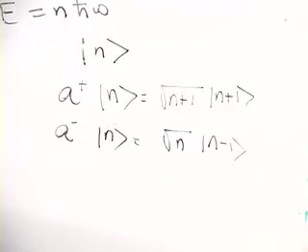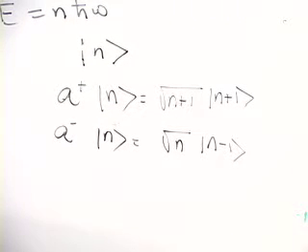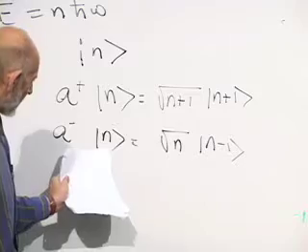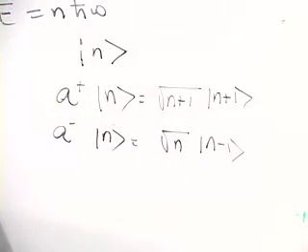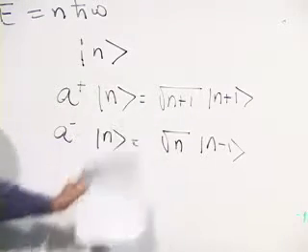Where does it take you? It doesn't take you anywhere. It just gives you 0. That's because if it acts on the bottom state, n is 0, and it just gives you 0. Nothing. No state there. Just the non-state. There's nothing to get to, so it just gives you 0.